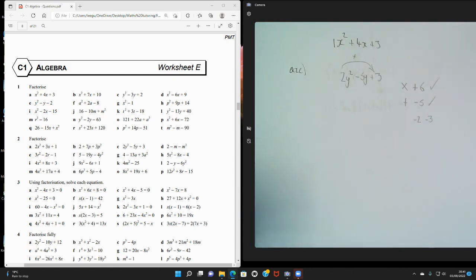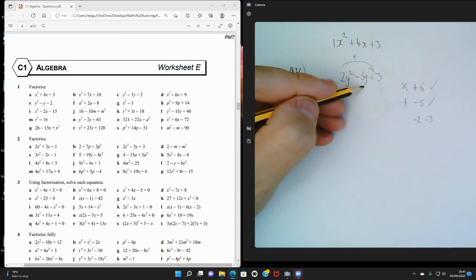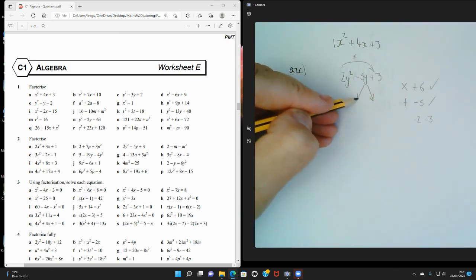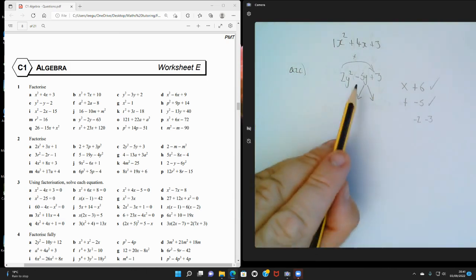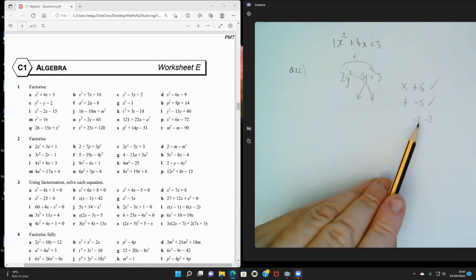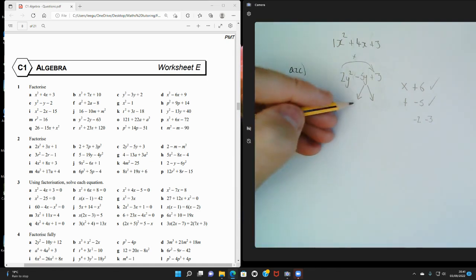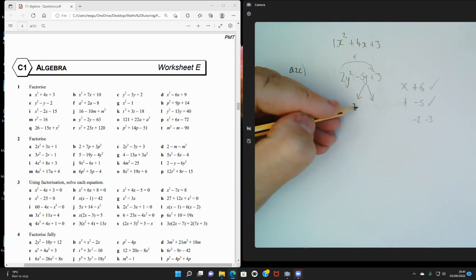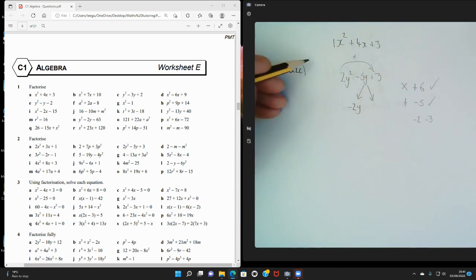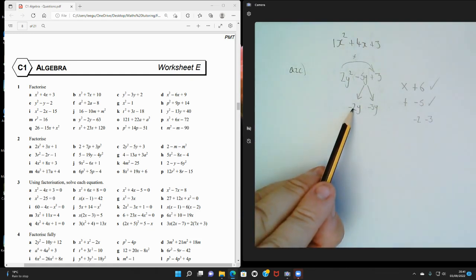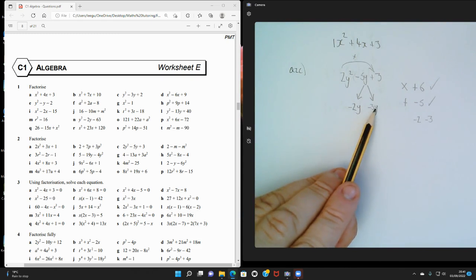Now here's what's new and a little different about this technique. You split the middle term into this factor pair, so you replace minus 5y with minus 2y and minus 3y. We'll look in more detail at another example to show you that it doesn't matter which way you put these, because sometimes students get confused and wonder whether to put the 3 there or the 2 there.